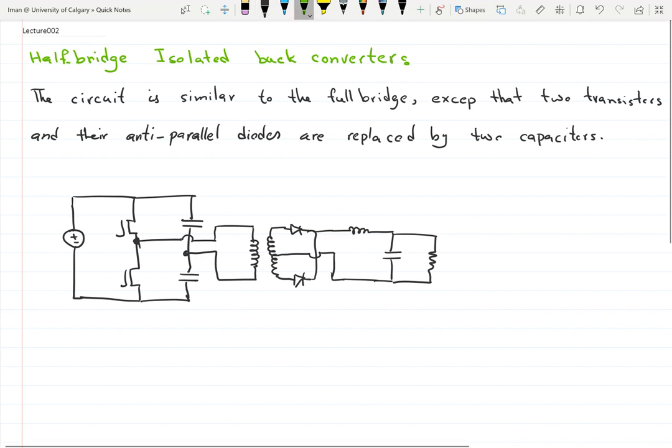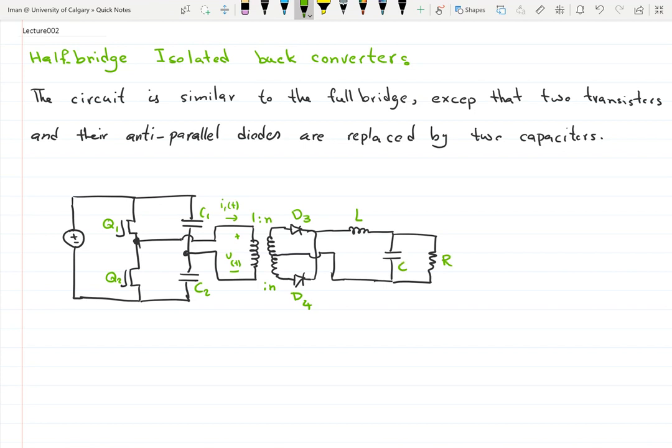Okay, so let's name these Q1, Q2, C1, C2, I1 of T. So remember, it has the magnetizing inductance inside the transformer that I didn't draw this time. I just assume that it's there, and you should know about that by now. T1 to N, N is the transformer ratio.